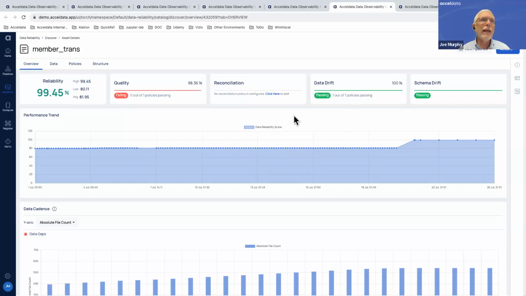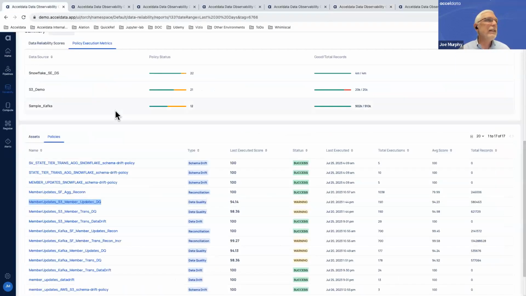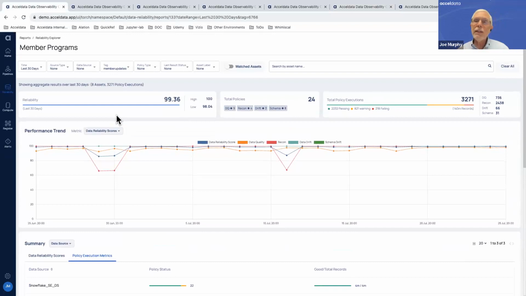So that's bringing all that together, a way that we believe we can bring a higher level of transparency and trust to the data landscape by surfacing this information, right?